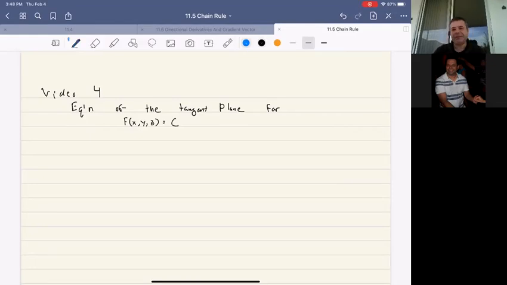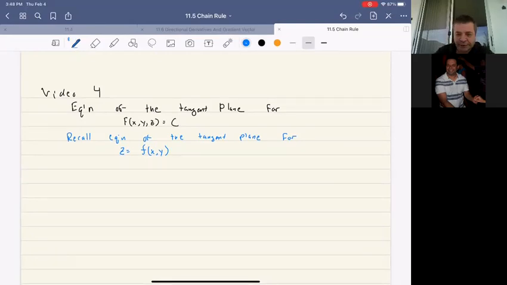So let's recall the equation of the tangent plane for z equals f of x, y, okay? If you had a function like that, you remember the equation of the tangent plane, I think it was in 11.4 or 11.3.